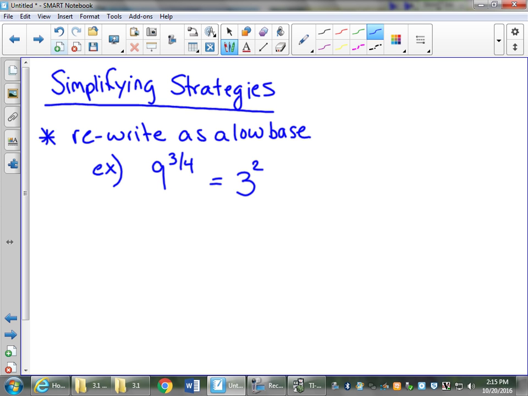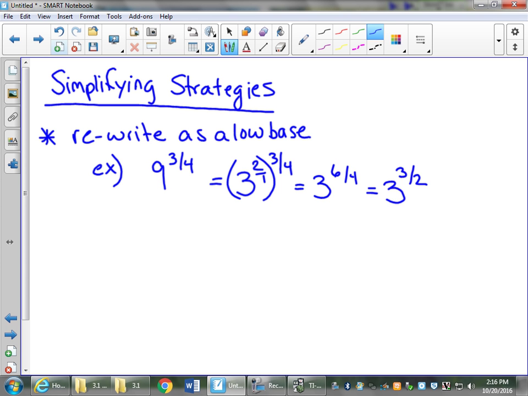But I still have the 3/4 exponent, so it would be 3 squared to the 3/4, which I can then use my power to a power rule and multiply. Keep in mind, this is really like 2 over 1. So I'll get 3 to the 6/4, and I can simplify that fraction to get 3 to the 3/2.